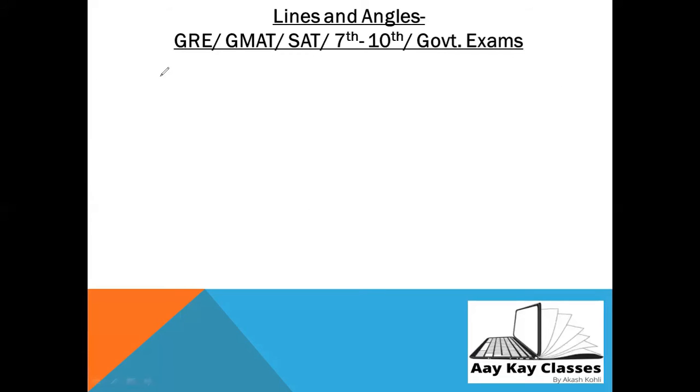Now, what next? Let's discuss angle. What is an angle? See, as I told you, this is a ray. This is a ray. This is again a ray, right? The distance between these two rays, which have a common initial point, whether we calculate it from here or from here, is always the same, and it is called theta.